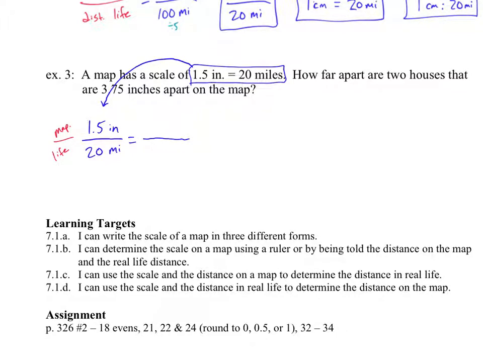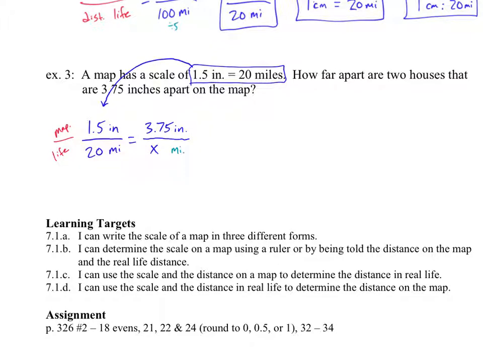Or is it 3.75 inches on the map? And in this case, they tell you it's 3.75 inches on the map. So 3.75 has to go here because the numerators are all going to be distances on the map. The denominators are all going to be distances in the real world. So 3.75 inches goes up here, and we're going to solve for an x down there. And when we find x, it's going to be a certain number of miles.